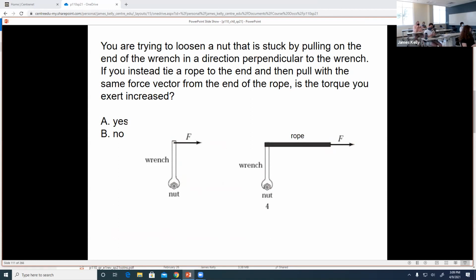Have we succeeded in increasing the torque in this second situation? In other words, are we going to be more likely to loosen that nut or be able to get it to turn? Or is it going to be easier to turn?